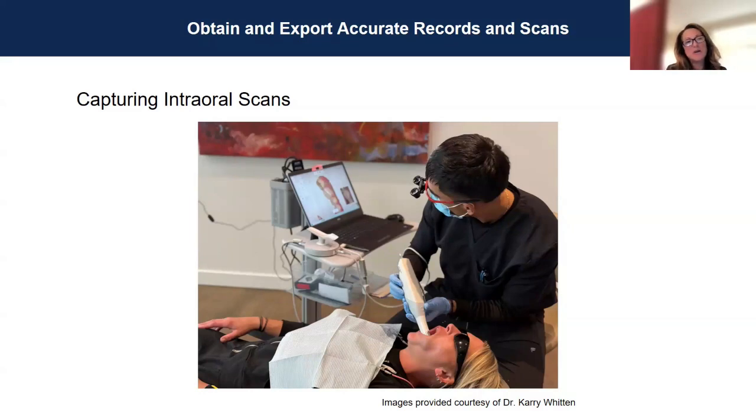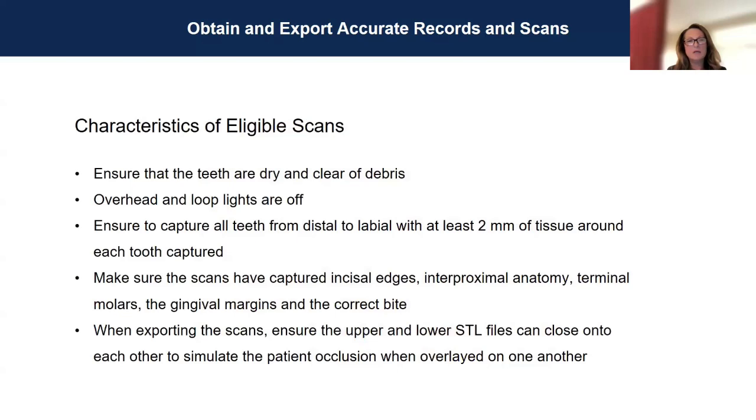And now we're going to talk about capturing intraoral scans. For aligners, it's very important to get distal of that terminal molar. Characteristics of eligible scans: no holes. You have at least 2 millimeters of tissue around each tooth captured, and you want that overhead dental light off.